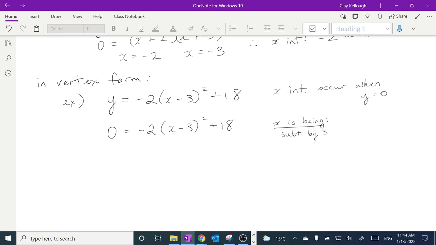That's the first thing that happens to it. Then it's being squared. So step 1, step 2. Step 3, it's being multiplied by negative 2. And then step 4, it's being added to 18.